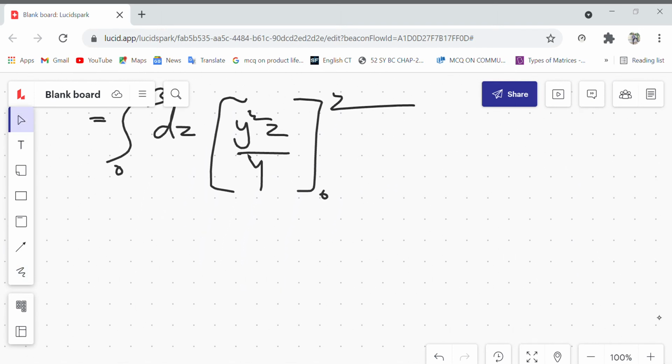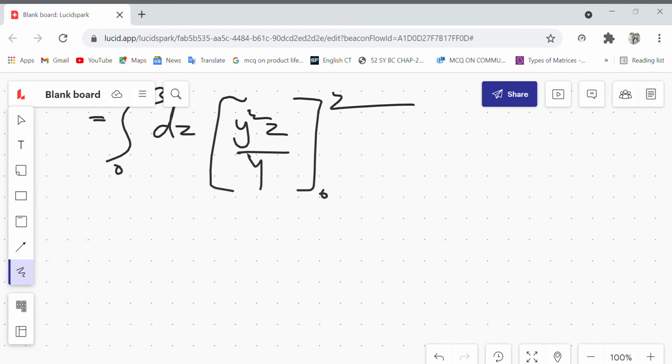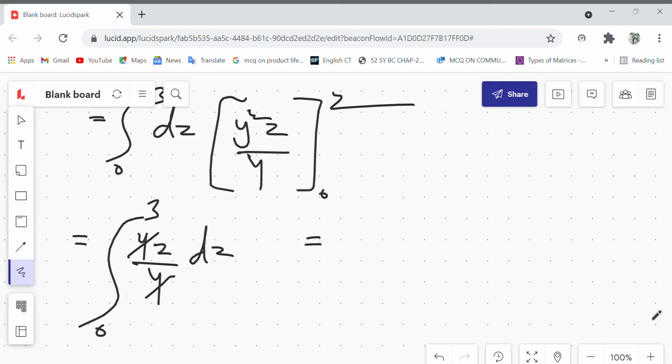Then next step, equal to 4z divided by 4 dz, integration 0 to 3. 4, 4 cut. Then z dz integration 0 to 3.